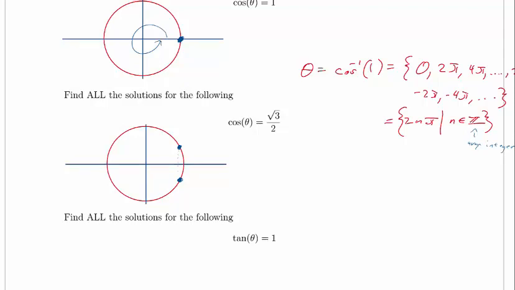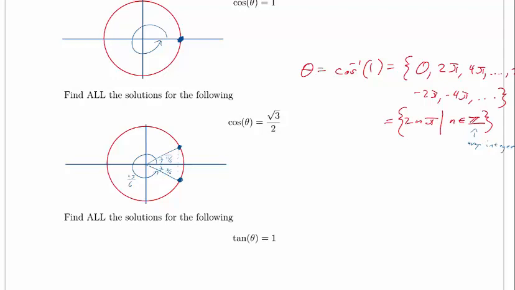We've got one at pi over 6, and then there's another one here. That would be pi over 6 in the negative direction, or you could call that 11 pi over 6, depending on which direction you're rotating.